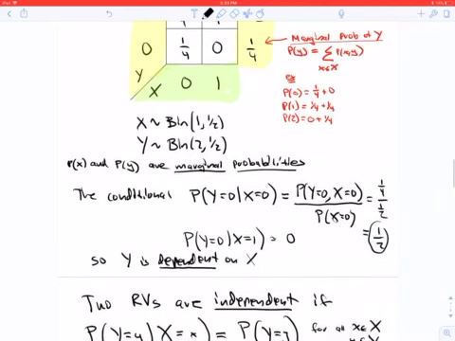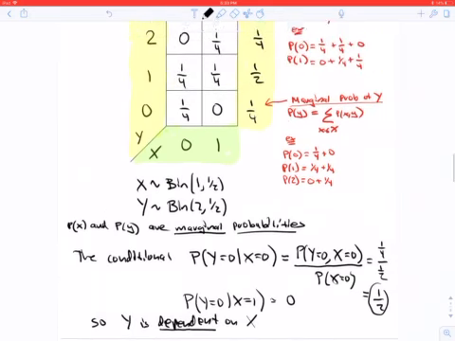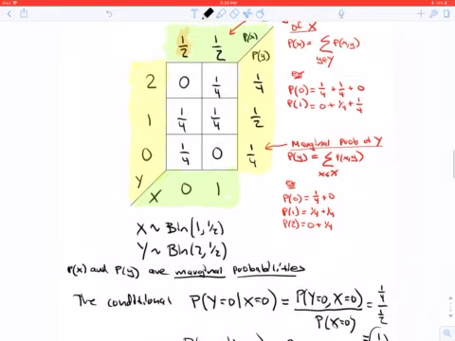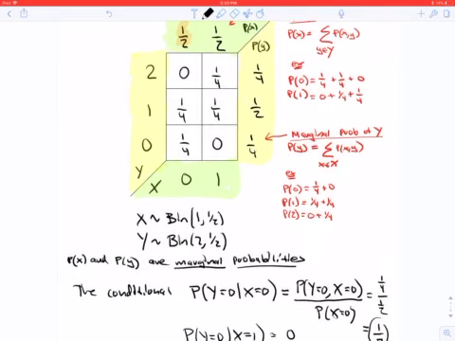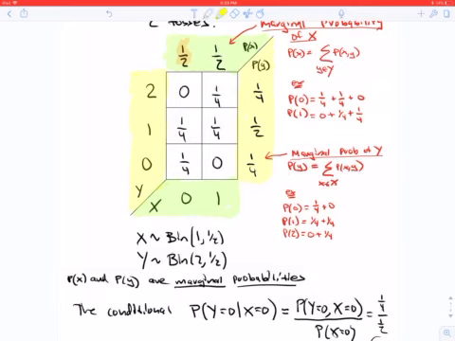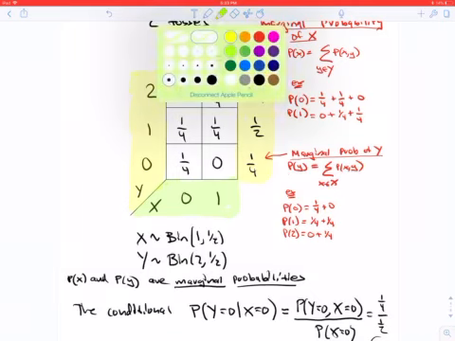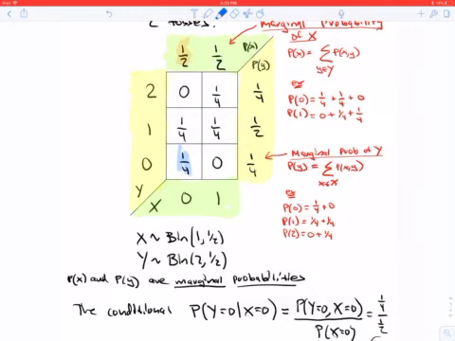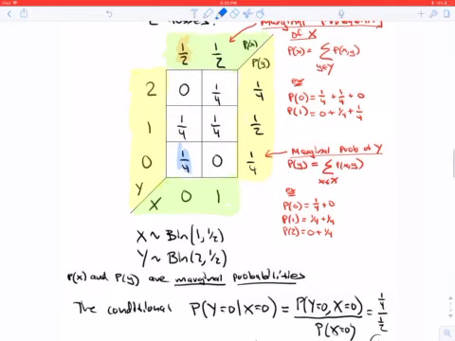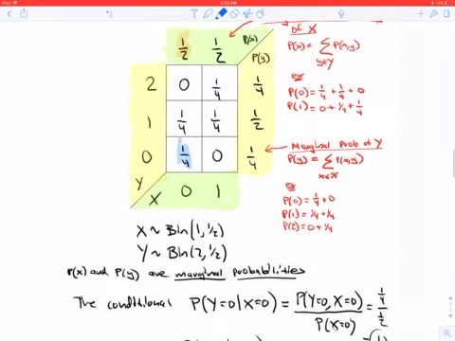So the conditional probability of y is 0 given that x is 0, what is that? Well, y is 0, x is 0, so that is this cell here. Maybe I'll just do this in blue. So this cell here, okay. You can just reason that out.